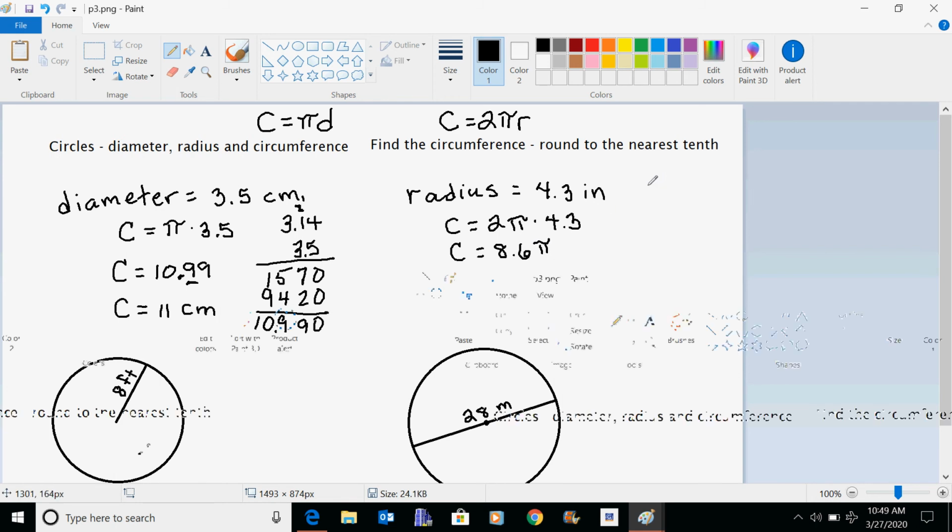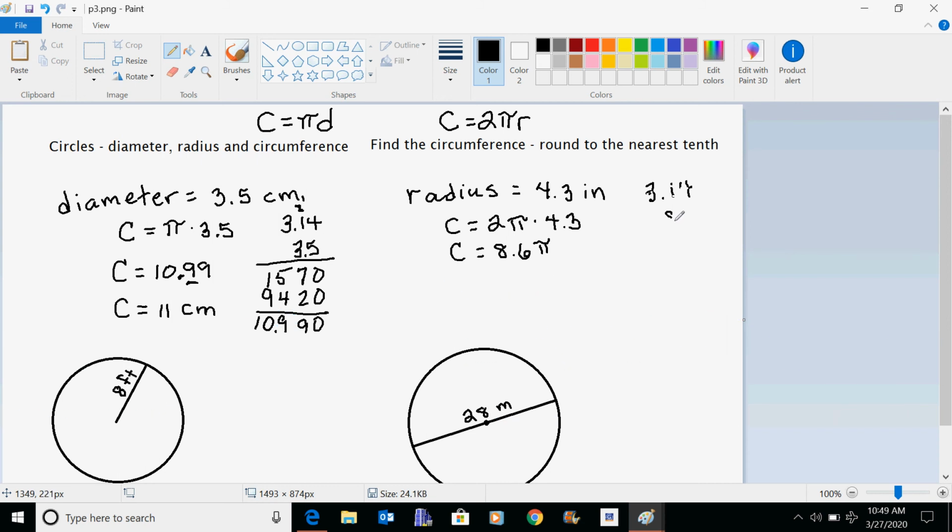Then we want to take our 3.14 and multiply it times 8.6. Let's multiply carefully. 6 times 4, 24. 6 plus 2 is 8. 6 times 3, 18. 8 times 4, 32.